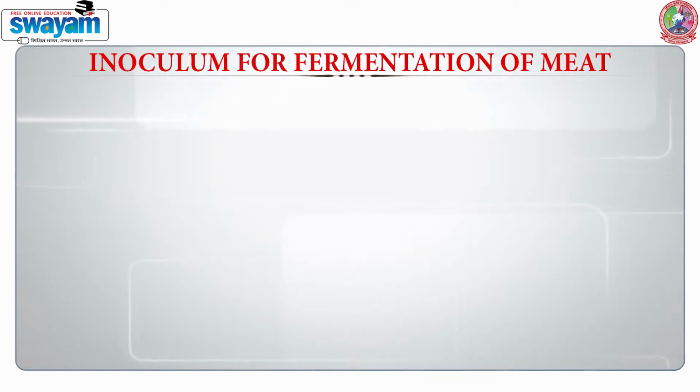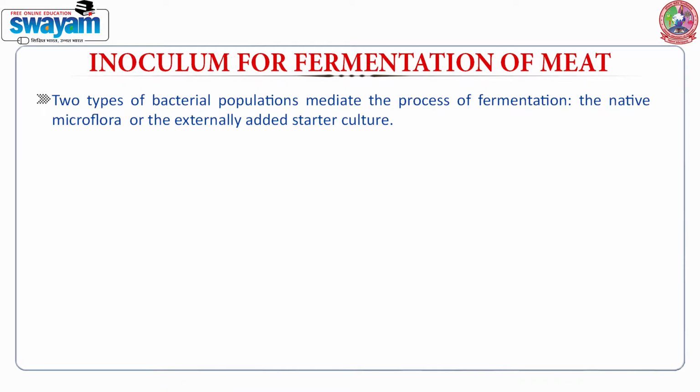Now, let us look at the inoculum for fermentation of the meat. There are two types of bacterial populations which mediate the process of fermentation. The first one is the native microflora, and the second one is that which has been added externally as a starter culture.